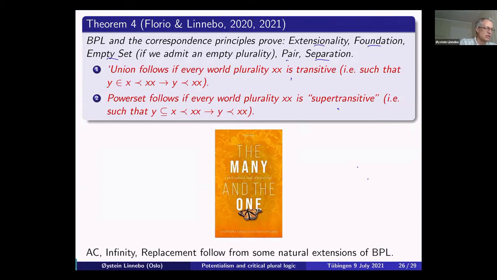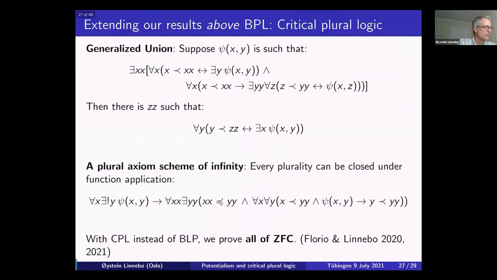And then you can get the remaining axioms from a slight extension of basic plural logic. This is something Salvatore Florio and I do in a forthcoming book, which I show the front page of here. Let me super briefly tell you about the extensions that I mentioned here.